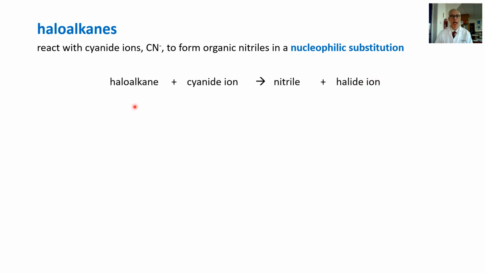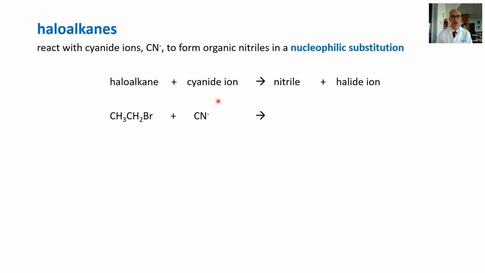So haloalkane, cyanide ion, gives us our nitrile and a halide ion. So it's a substitution. The halide ion leaves and the cyanide ion is substituted into the organic molecule.